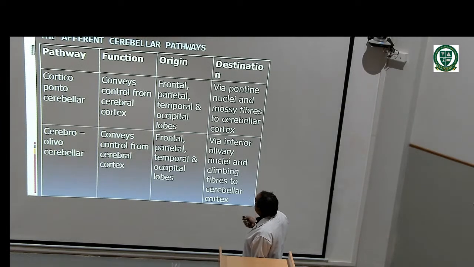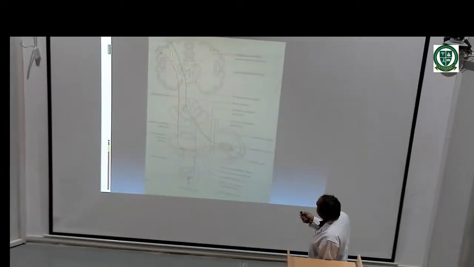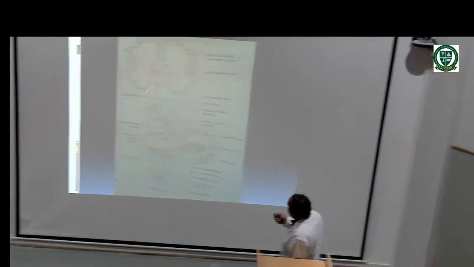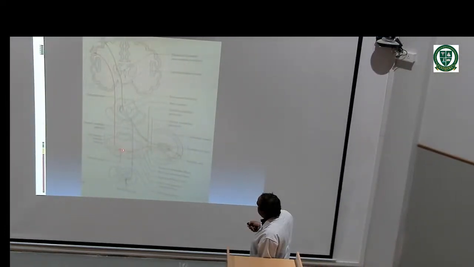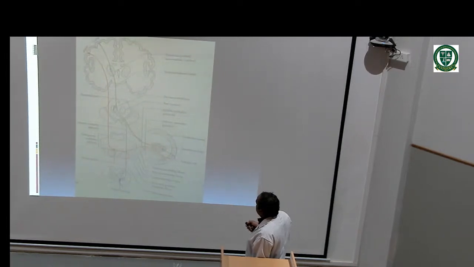In this diagram you can see the pons, the corticopontocerebellar fibers, and the pontine nuclei.